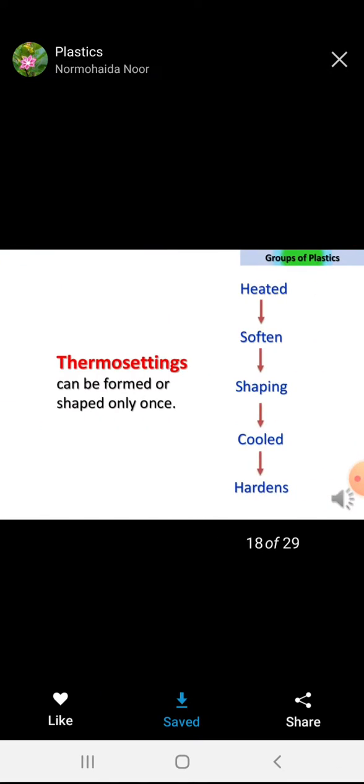Thermosetting: polyurethane plastic belongs to the group that is thermosetting, and polyurethane is the only plastic which can be made in both rigid and flexible forms. Flexible polyurethane foam is used in mattresses, carpets, furniture.